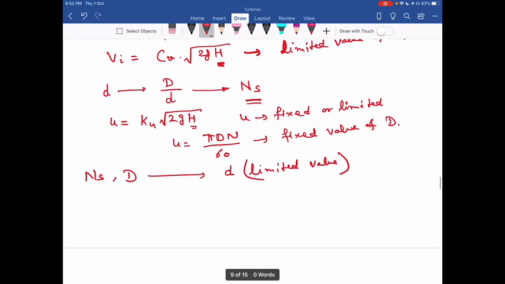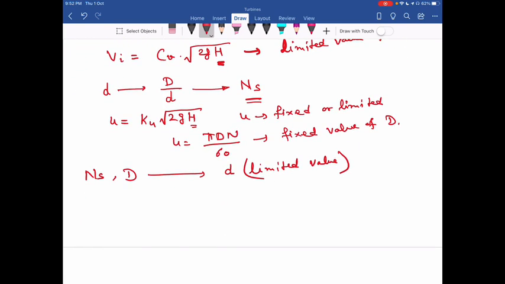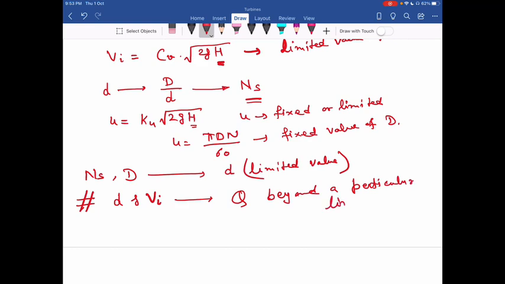Okay. So I have now reached one conclusion: I have a limited value of D and Vi. So I cannot increase Q beyond a particular limit. The number of nozzles I cannot increase beyond a particular value. That does not serve my purpose to increase the value of Q to the turbine.